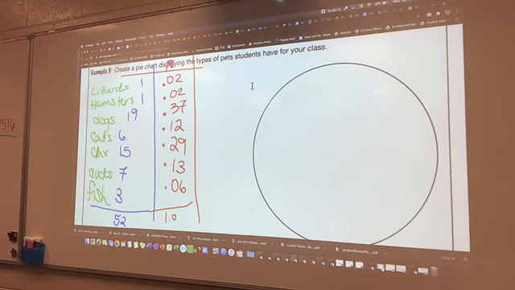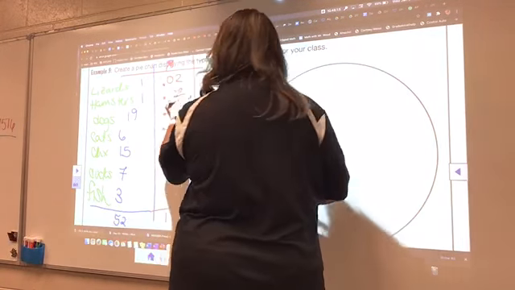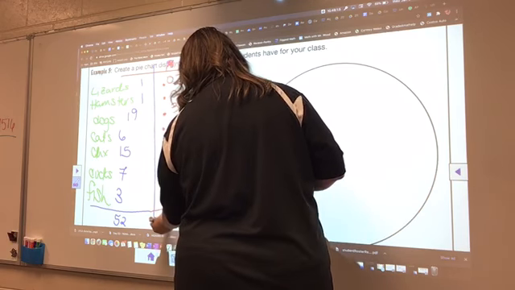Let's just make the 0.37 into 0.36, since it was 0.365 and rounding made it 0.37. Okay, so there we go.